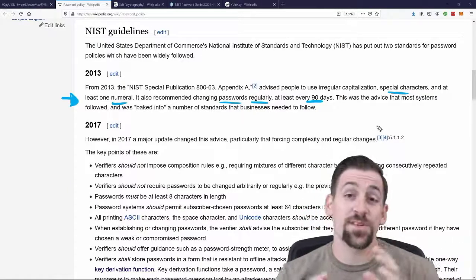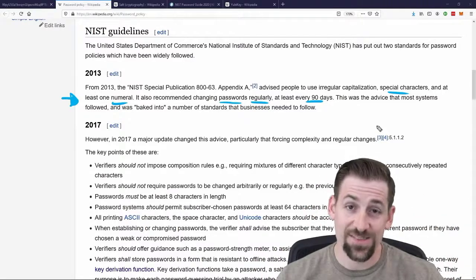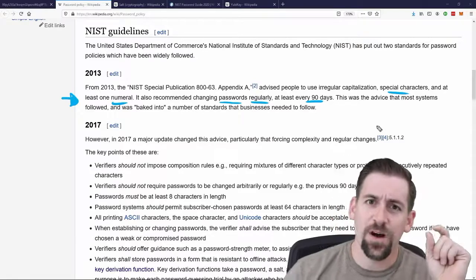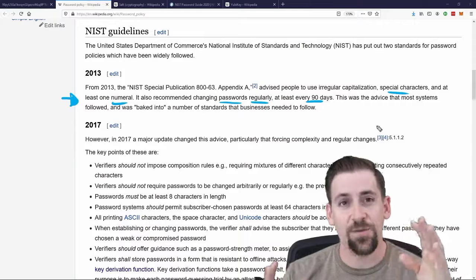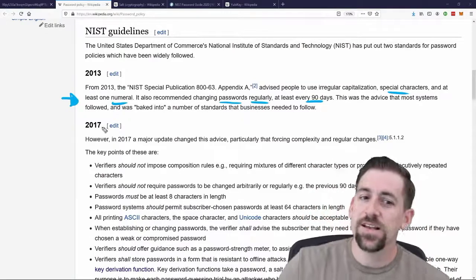Oftentimes there were password reuse policies, so you couldn't go back and reuse previous passwords that you had used, so there's no way to remember. They would also have a minimum password age requirement, so you'd have to hold on to your passwords for a couple of days so that you couldn't just keep changing your passwords. So what happens here?